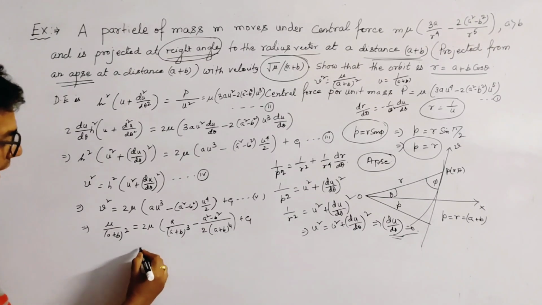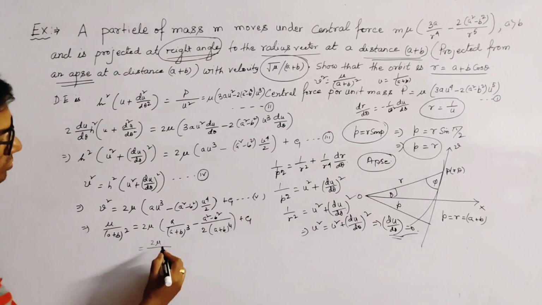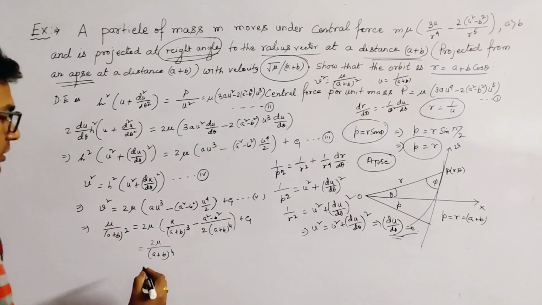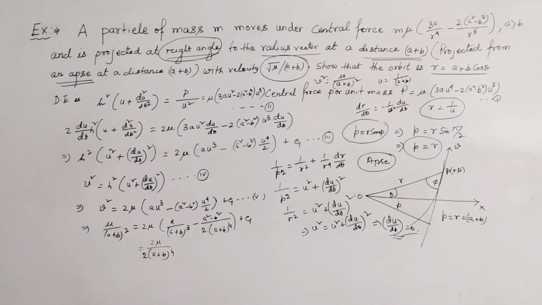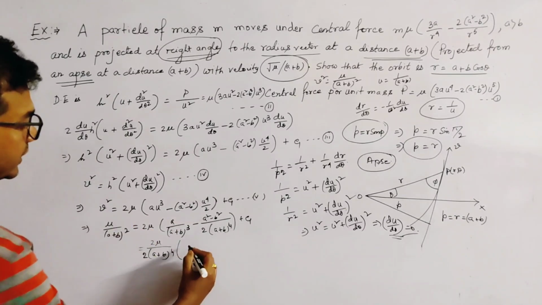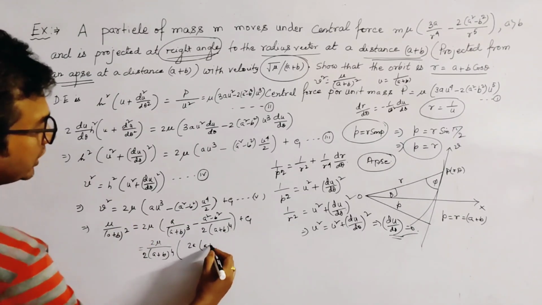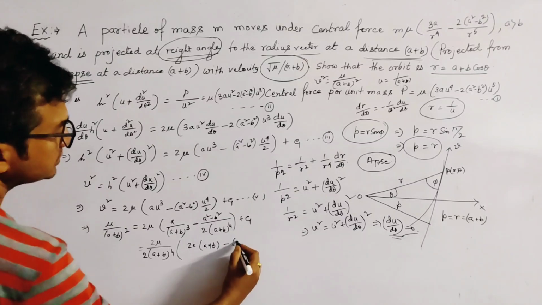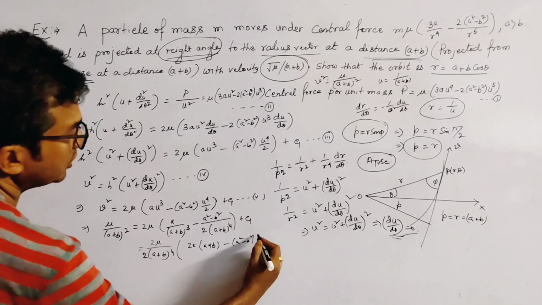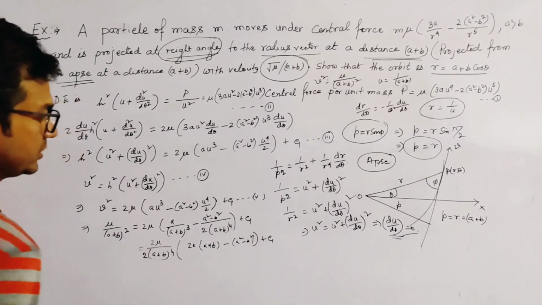Calculating this result as 2 mu by a plus b whole to the power 4, taking common, and also taking common 2, this is 2a into a plus b minus a square minus b square plus c1.